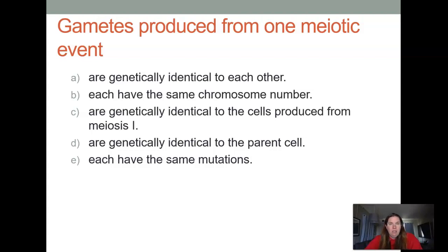So let's review each of these points, because I think this is actually a nice review to remember what our sex cells look like. When we talk about sex cells, of course, we're talking about our gametes. In a female of the species, we're talking about an ovum or an egg. In the male, we're talking, of course, about sperm.